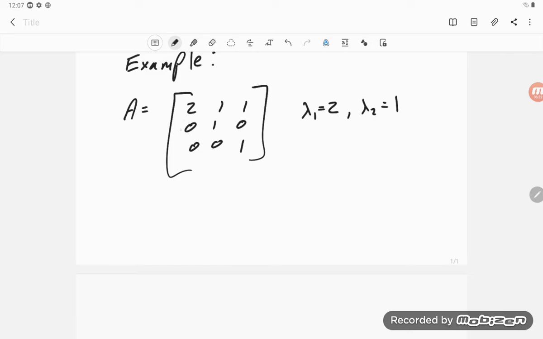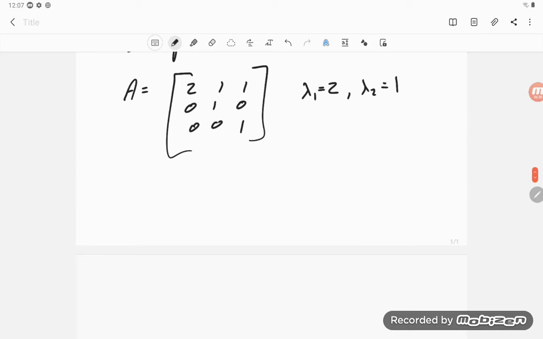I can see that because I've got 2, 1, 1 right down the diagonal, and this is an upper triangular matrix. Lower triangular would be the same way. I can just read the eigenvalues right off the diagonal.